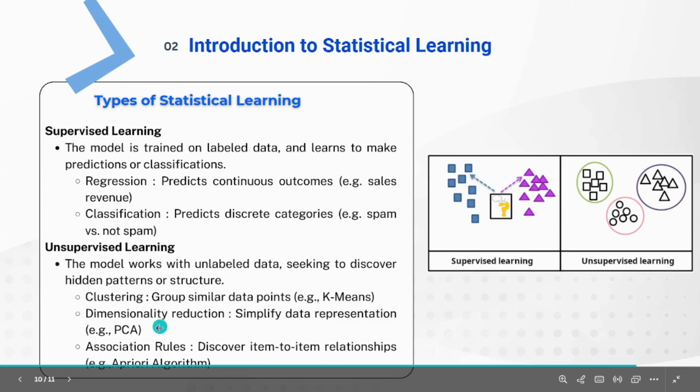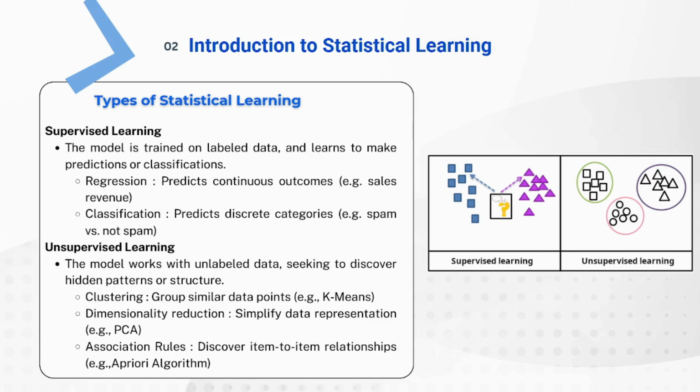For dimensionality reduction, we simplify data representation. The famous algorithm is principal component analysis. In the last group, association rules, we discover item-to-item relationships. We have the famous Apriori algorithm.